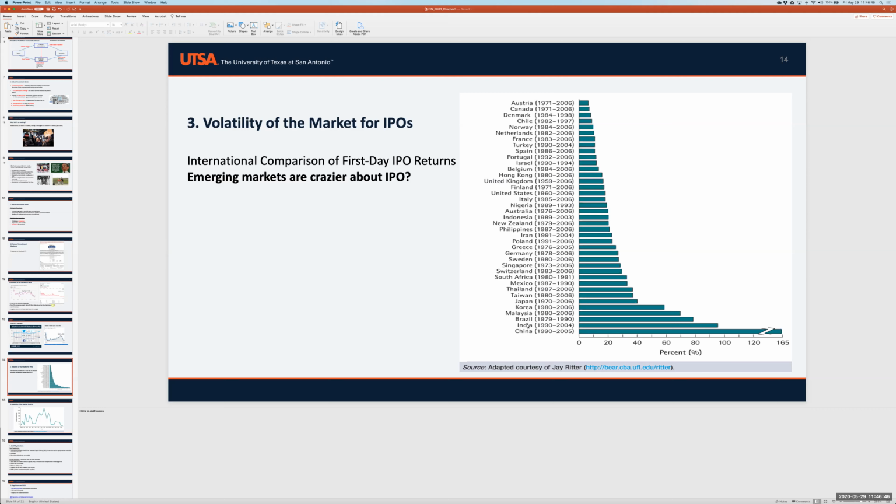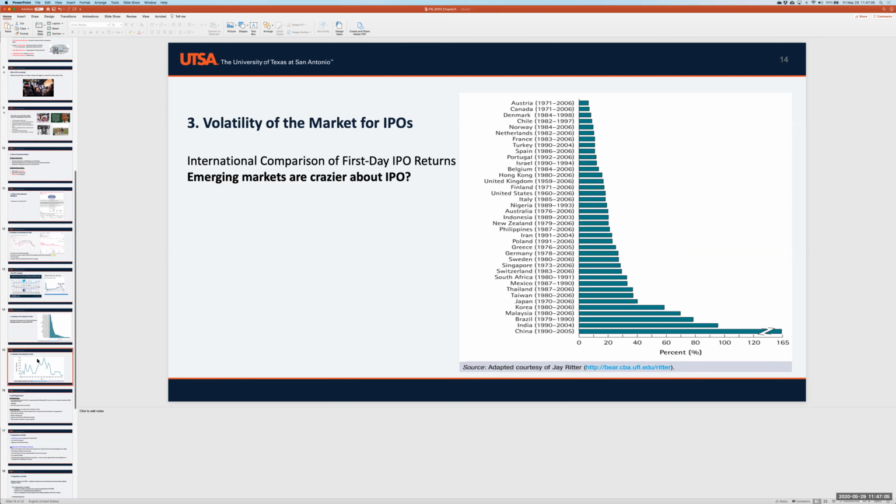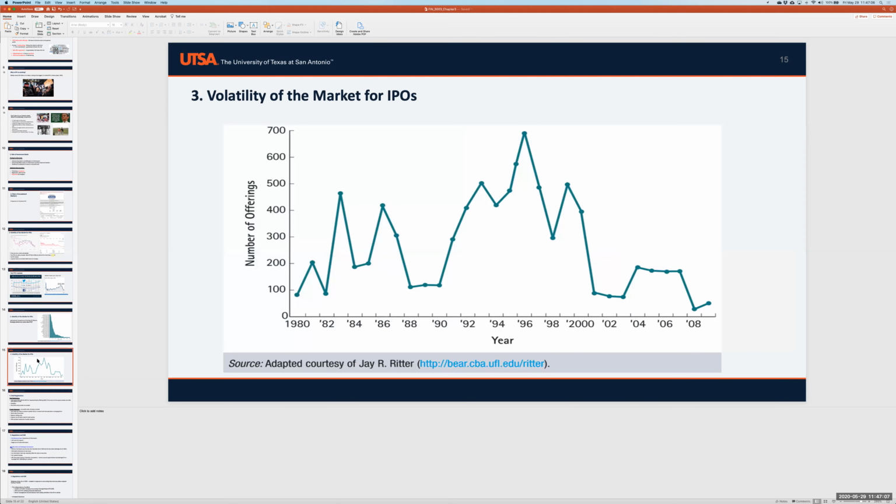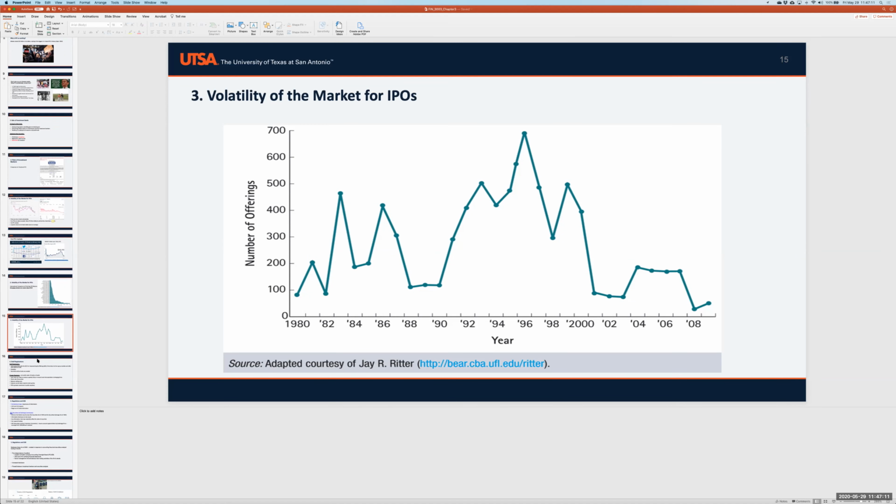But if you go to China or India or Brazil, this is the first day return, which is crazy. You see, China almost 165. It shows the volatility, actually, the intraday volatility. Anyway, let me speed up because we have only 13 minutes to finish this session.